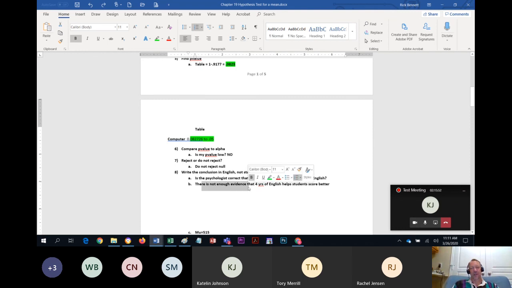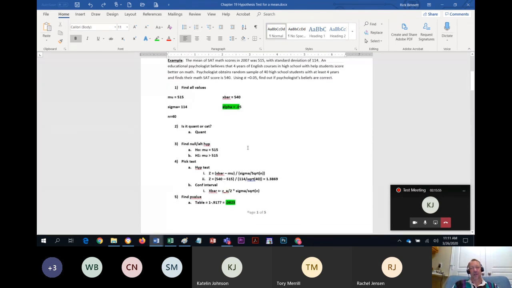Now, why not? Why is 540 not enough evidence? It could go back to your sample. Well, there's two reasons why. Number one, your standard deviation is pretty large. Number two, your sample size, 40. If you were really doing this in real life, would you like to publish this in a journal with a sample size of 40?